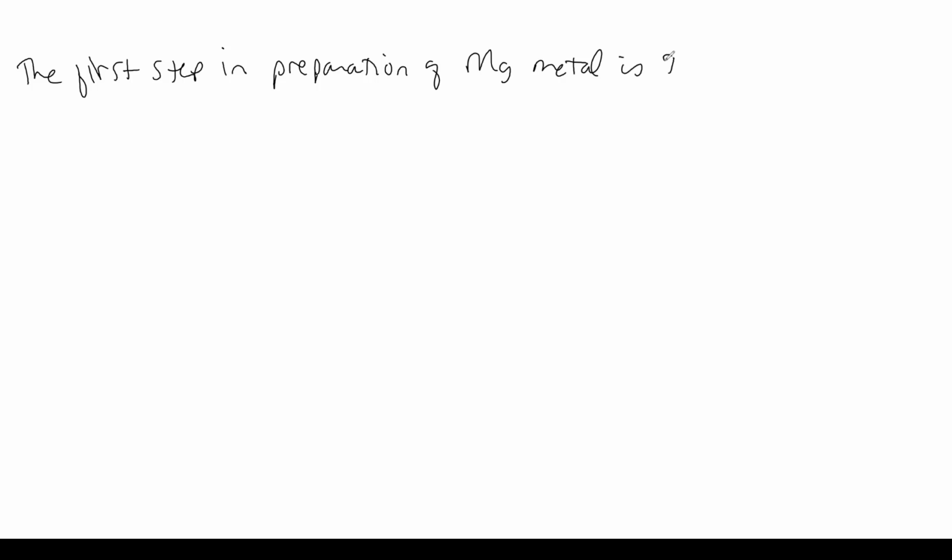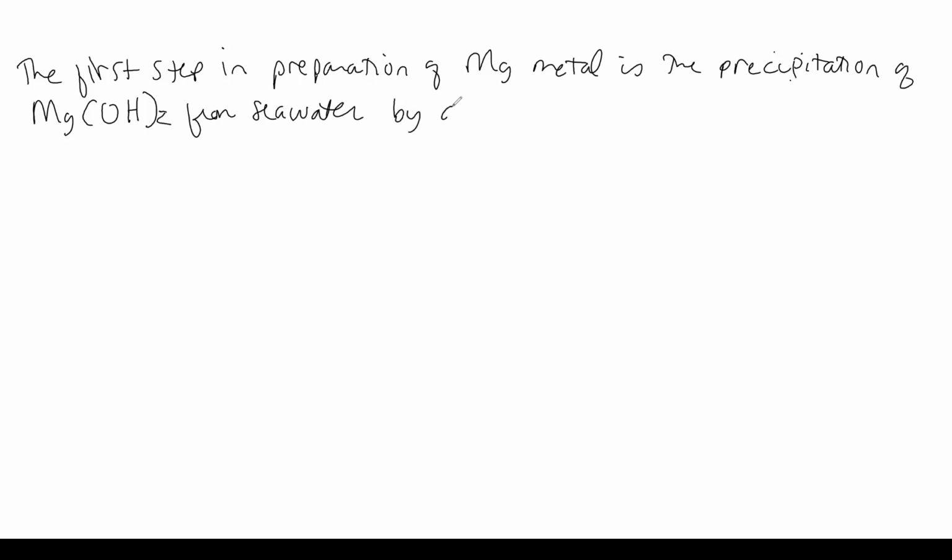Okay, so let me write down the problem for you. So the first step in preparation of magnesium metal is the precipitation of magnesium hydroxide from seawater by the addition of lime.